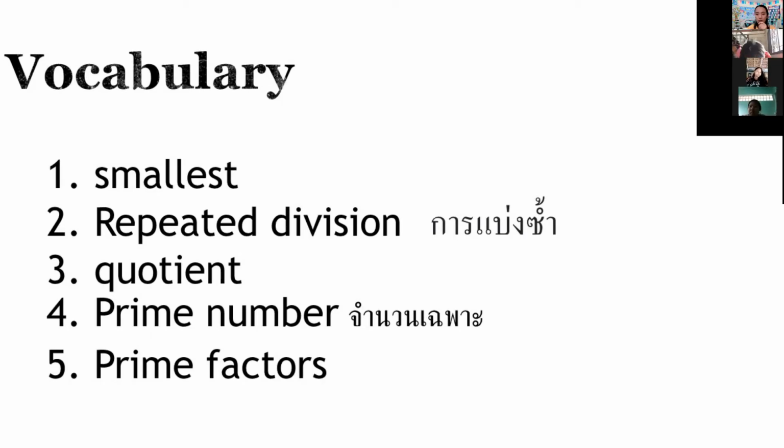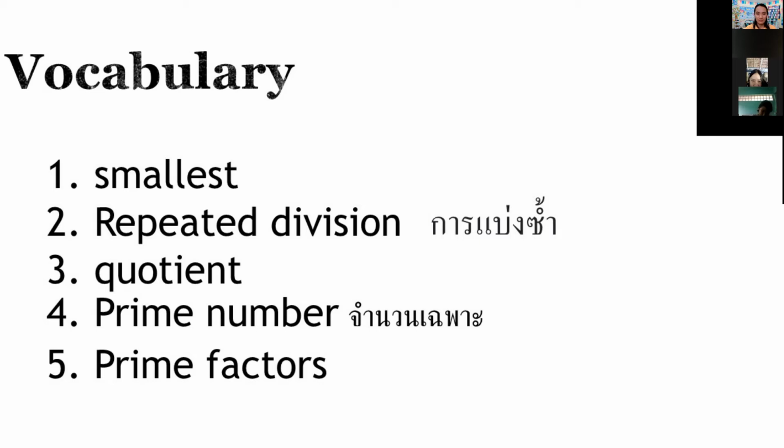Now I will call some of you to read. Let's start with King. Please read the vocabulary. Smallest, repeated division, quotient.